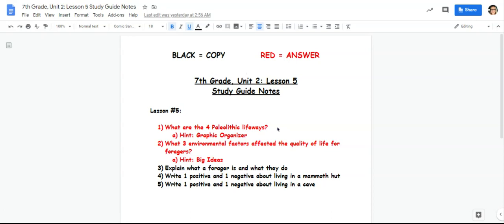And looking at those and thinking about what a forager is and what they have to do every day, think about what would be a positive or a good thing about living in these environments and what would be a negative thing. I do give you a few hints for those in the quizzes review if you would like to look into that. But yeah, just think about the forager's lifestyle and how they were nomadic and wandered around quite a bit, and think about positive and negative things about living in a mammoth hut versus living in a giant cave. So that's all I have for you.